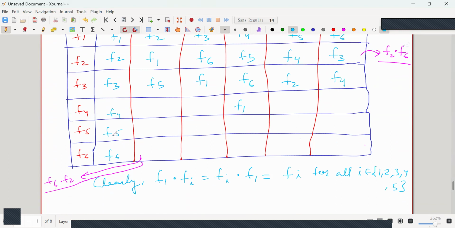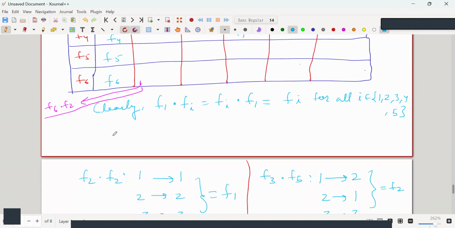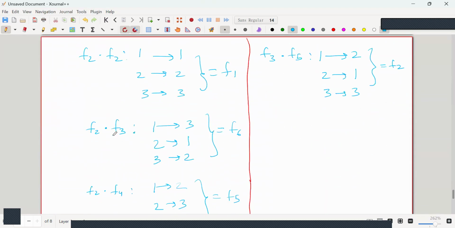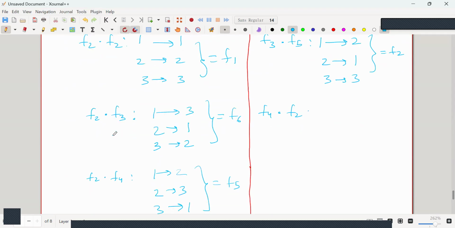And same trick we can apply column wise also. So this one will be obtained easily, this last row. So we just need to calculate some of the remaining entries. So F4 compose F2 is, oh, yeah. So F2 maps 1 to 2, and then F4 maps 2 to 3.